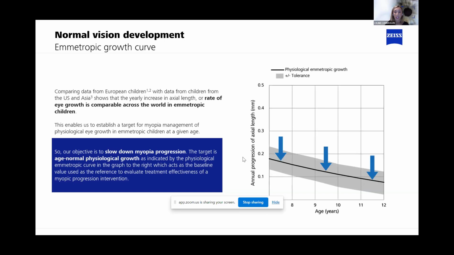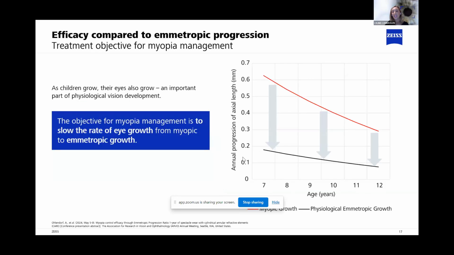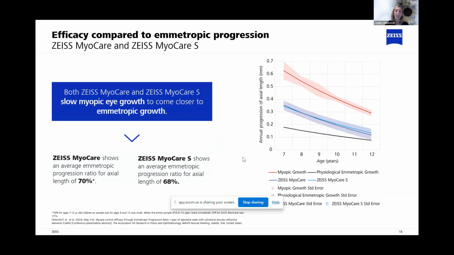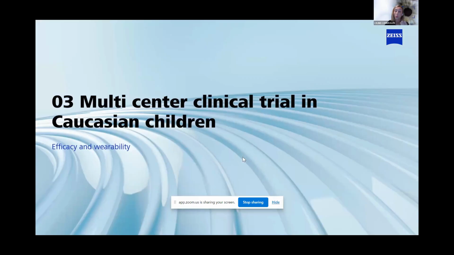And so when you take the data from the Chinese study, what is interesting is that we are slowing down and taking this curve as close as possible to the one of the emmetropic eye by 70% for MiYOSMART hard design and by 68% for MiYOSMART soft design. So yes, even in 12 months, it is working on both designs.